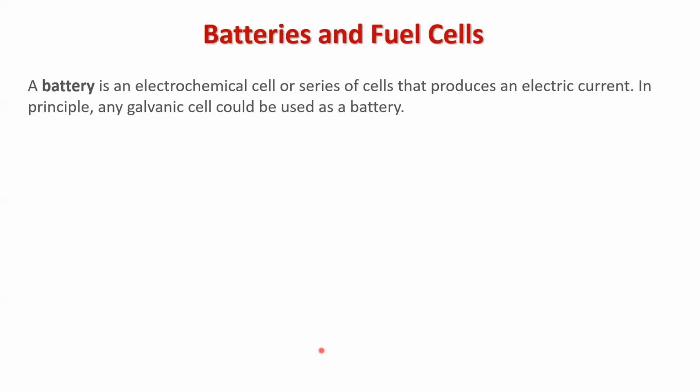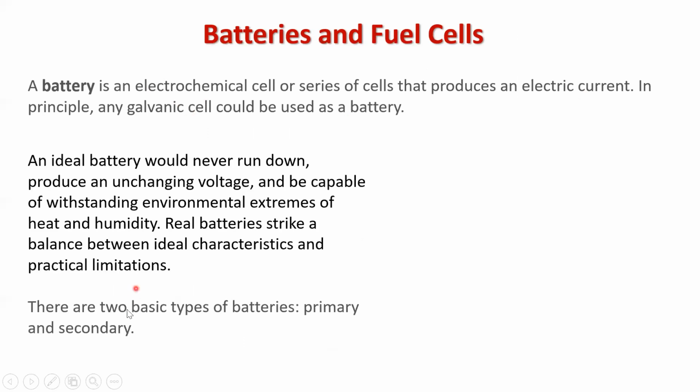Batteries, we're going to go through this super quick. When we talk about batteries, batteries are electrochemical cells. Okay, they take chemical energy and convert it to electrical energy. They're essentially a galvanic cell. There are 2 types of batteries. There are primary batteries.